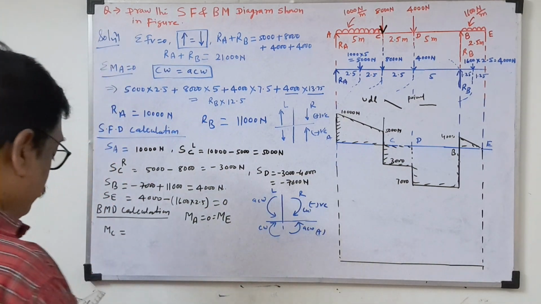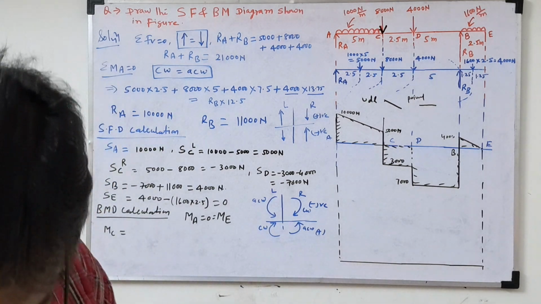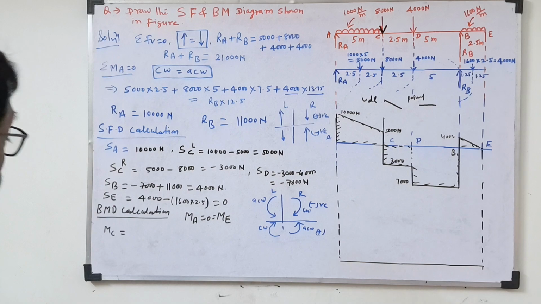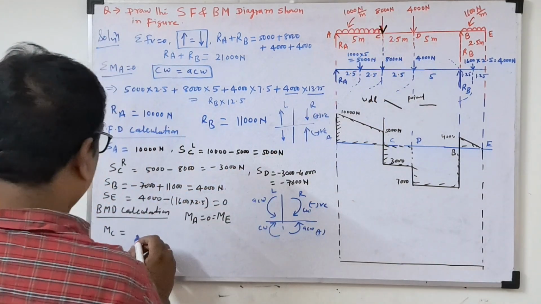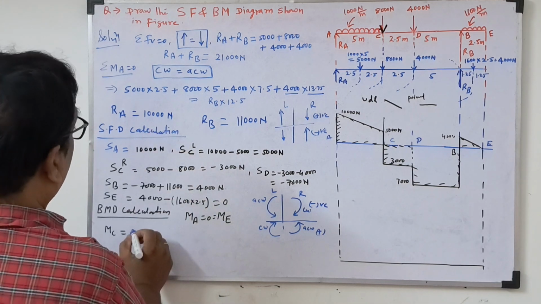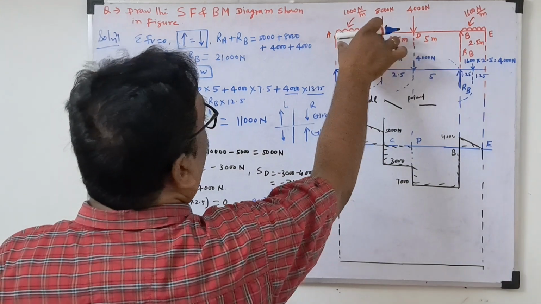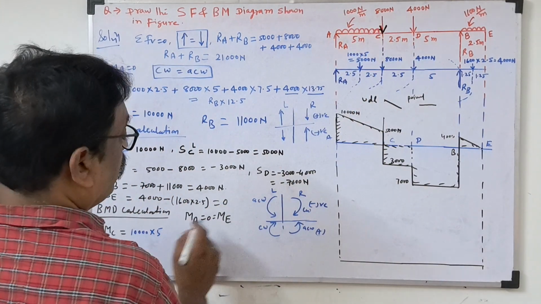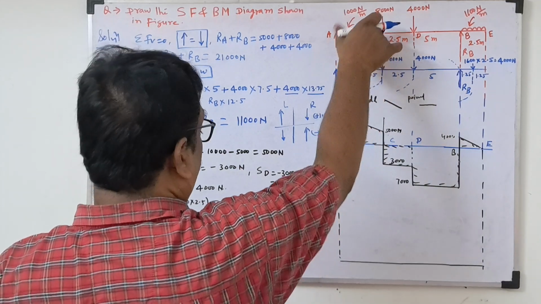So what are the bending moment calculations? Now you check. MA and ME is equal to 0. So we will take MC. So RA how much? RA is 10,000 into total distance how much? 5. Because we are taking moment about this, your left side.